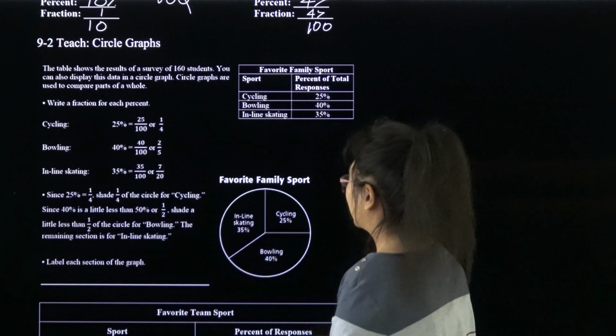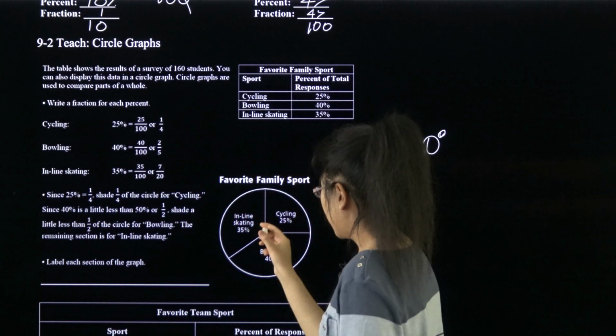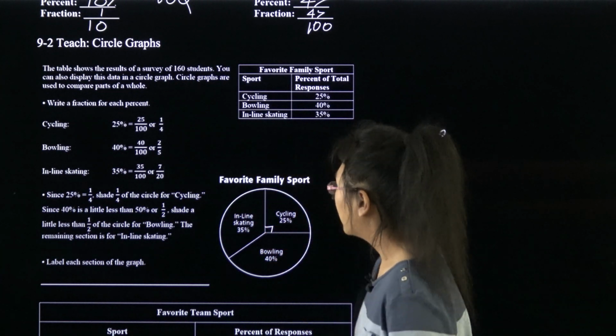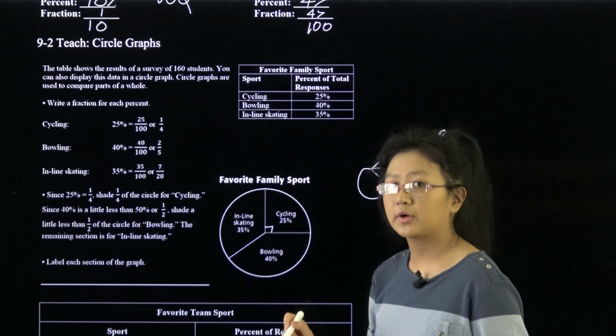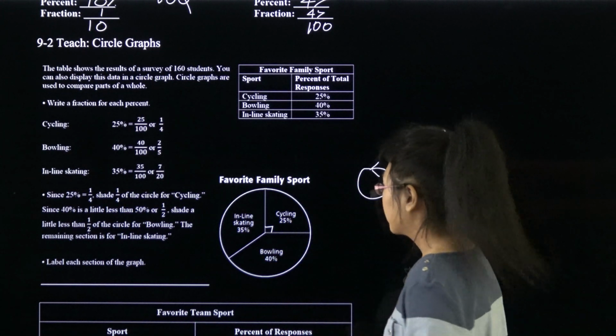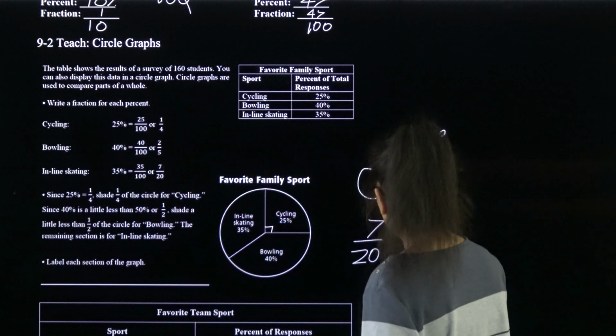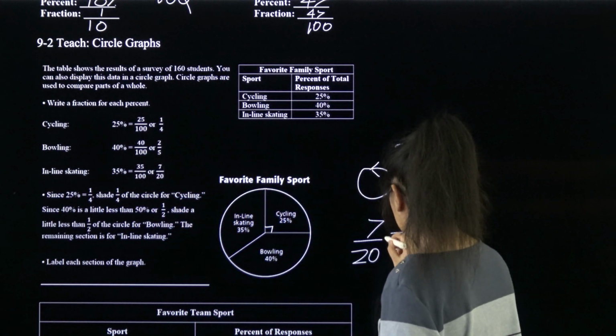And since it's 360 degrees, and a quarter is 90 degrees, well, what is a quarter of 360?